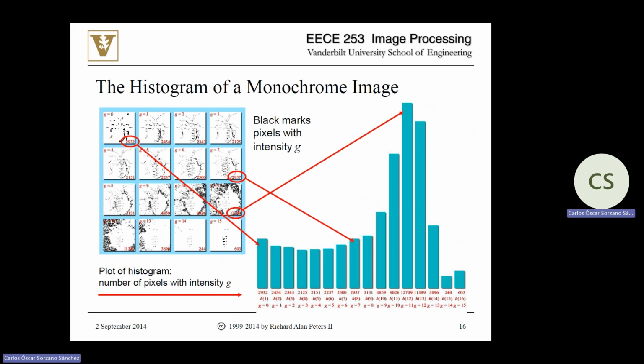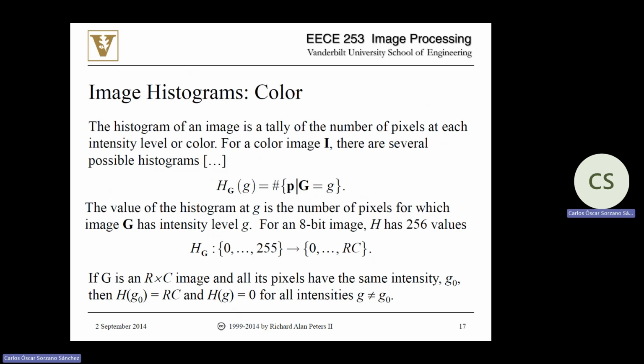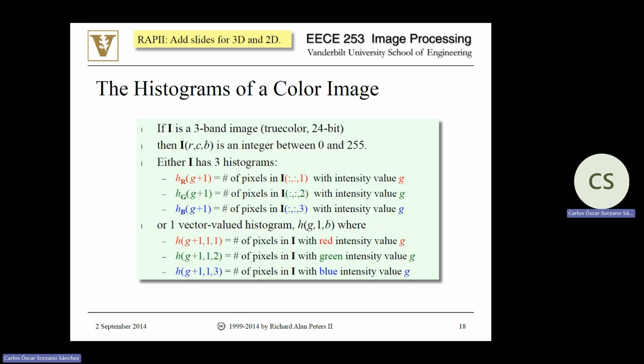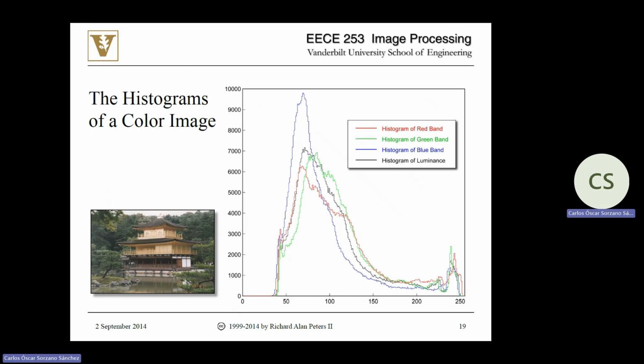Okay, good. So what about coloring? When you have coloring, what you can do is the histogram of each one of the channels. So you compute three histograms: you have this color image, and you compute 3 histograms, one for the red, one for the green, one for the blue.